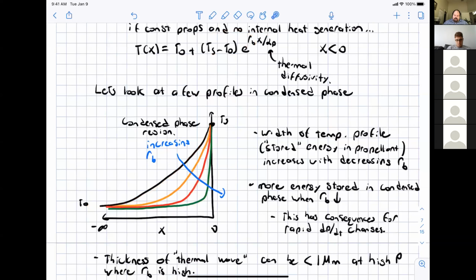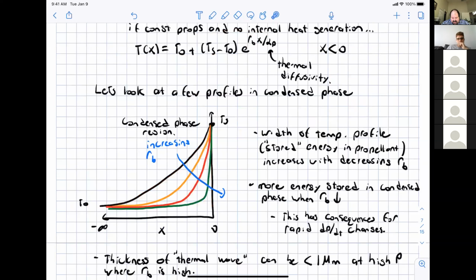Now that we have an idea of what the temperature profile is, you can compute the amount of thermal energy stored inside of the condensed phase propellant by integrating under this temperature curve. This area, if you were to integrate it, is representative of the amount of energy stored inside of the propellant.